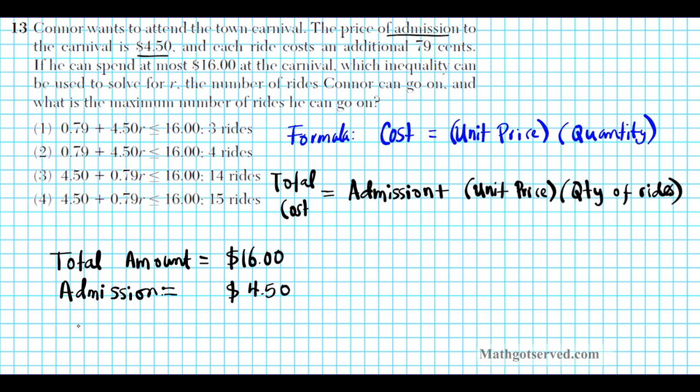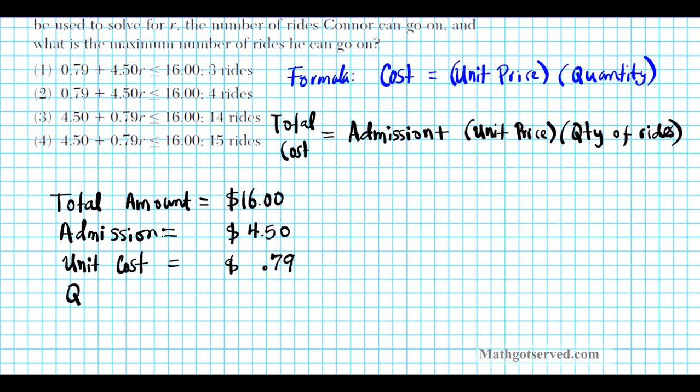Unit price, the unit cost for each ride, unit cost or unit price is the same thing. How much does it cost to ride each ride? Each ride costs 79 cents. How do we write that? 0.79. Okay? And then quantity of rides, or number of rides.